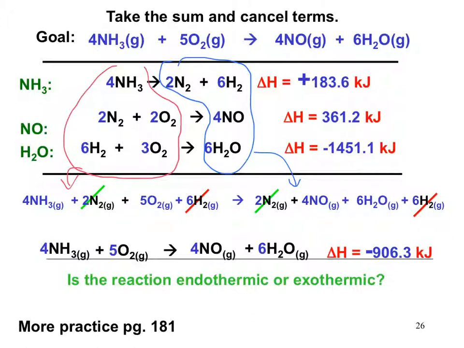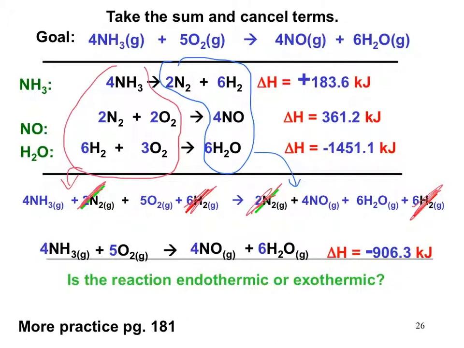Once you've written out the reactants and the products on both sides of the arrows, you're going to cancel out those things that are repetitive, right? So on the left side of the arrow, we have this N2. On the right side, we have N2, so we cancel it out. On the left side, we have H2, and H2 on the right, they cancel out.